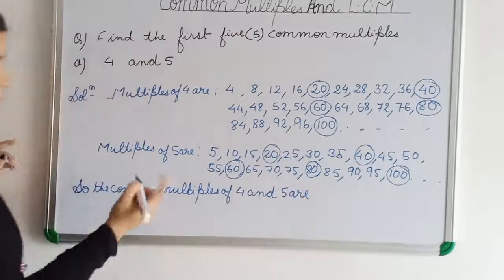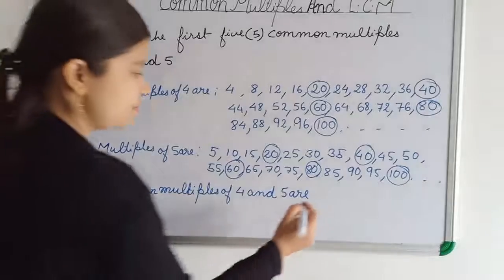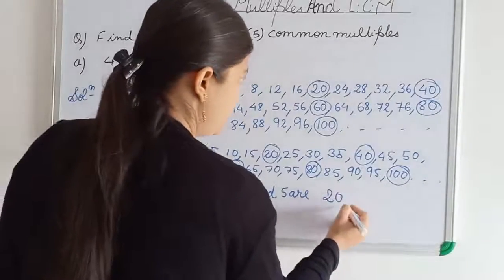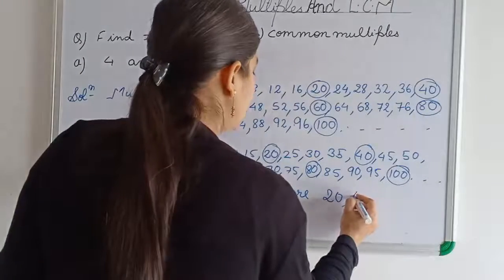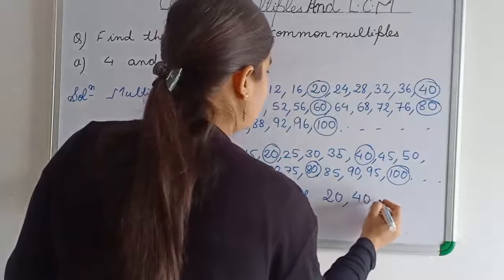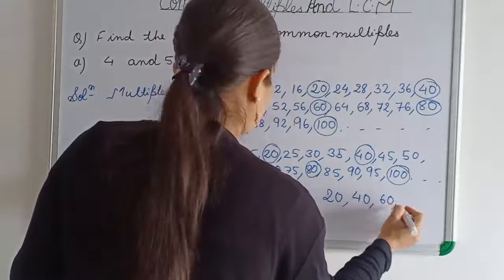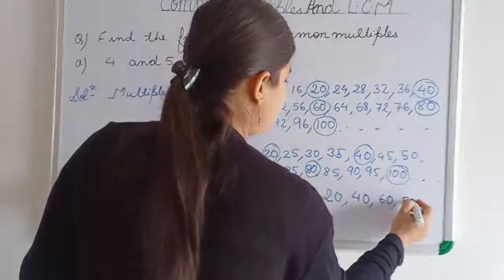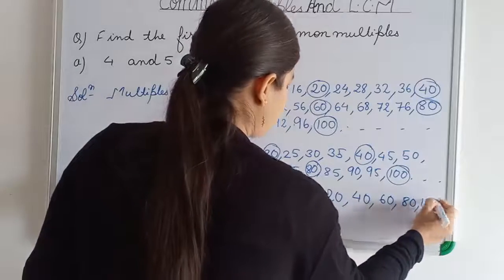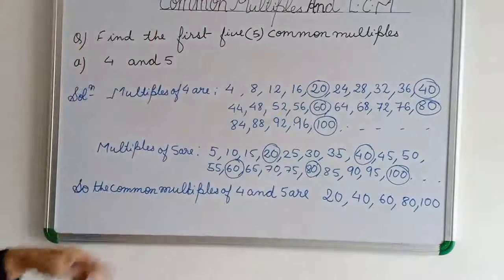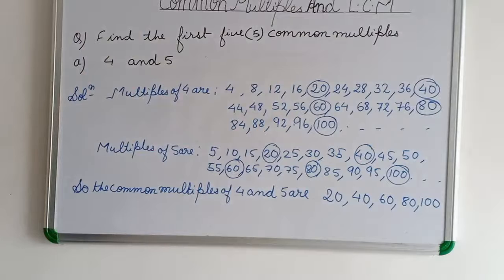So the common multiples of 4 and 5 are 20, 40, 60, 80, 100. These are the common multiples of 4 and 5.